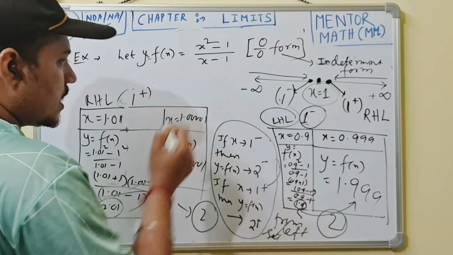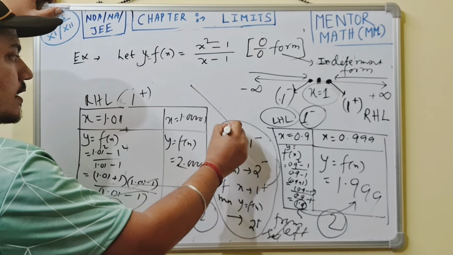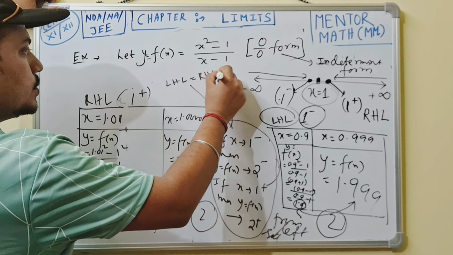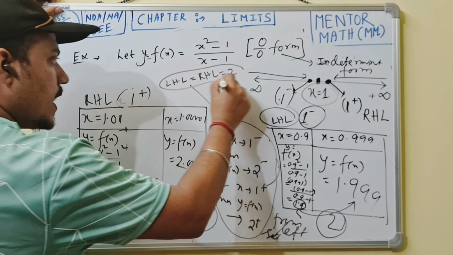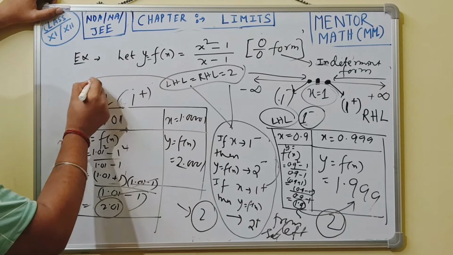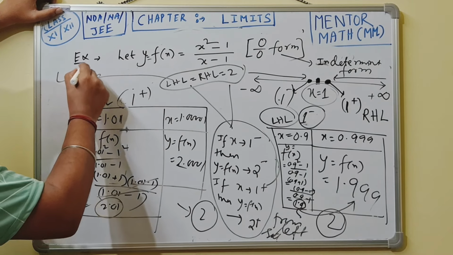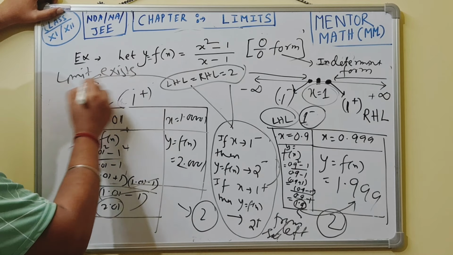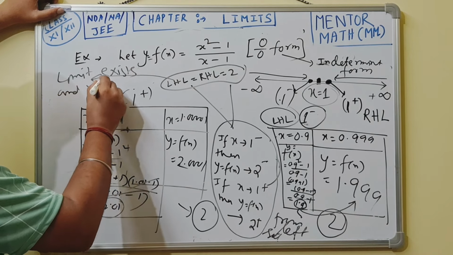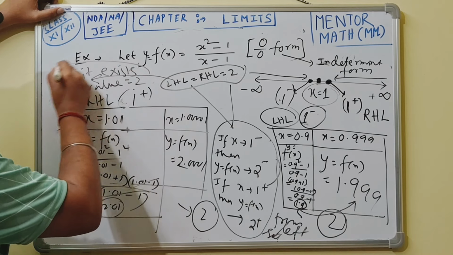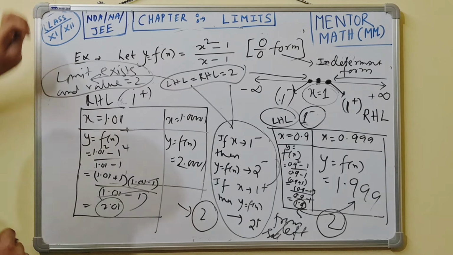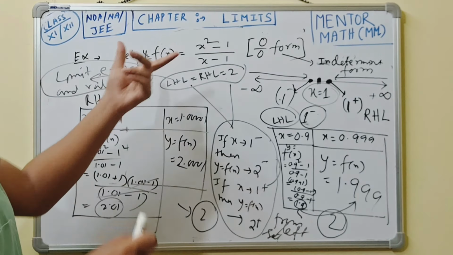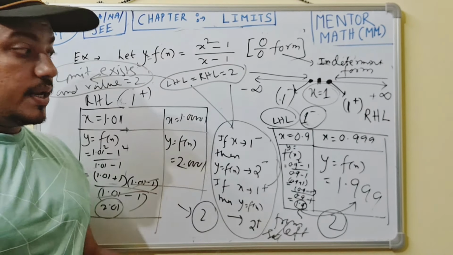In that situation, you can write left hand limit is equal to right hand limit, which is equal to 2, and in that particular situation the limit exists, and the value of the limit is equal to 2. Very nice question. Okay, so in that way you can understand the limit form, and then that particular example you can understand.